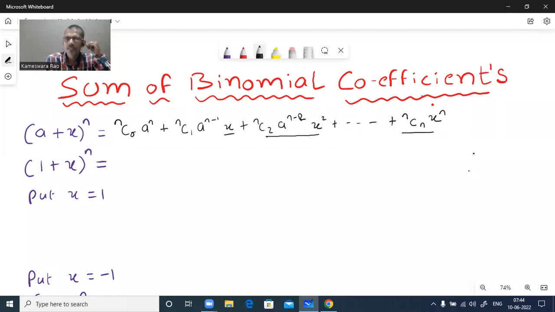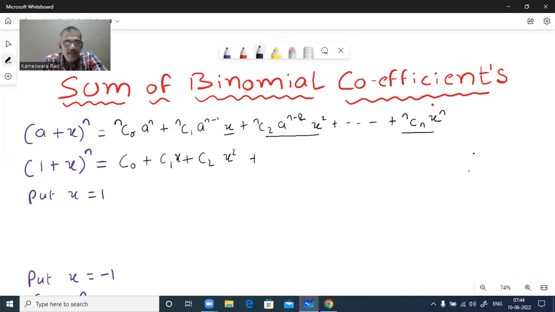Suppose you take a = 1, then what will you get? You need not write n in nC0; if you write C0 also, okay. 1 raised to any power is 1 only. So C0, C1 x, C2 x^2, and so on.